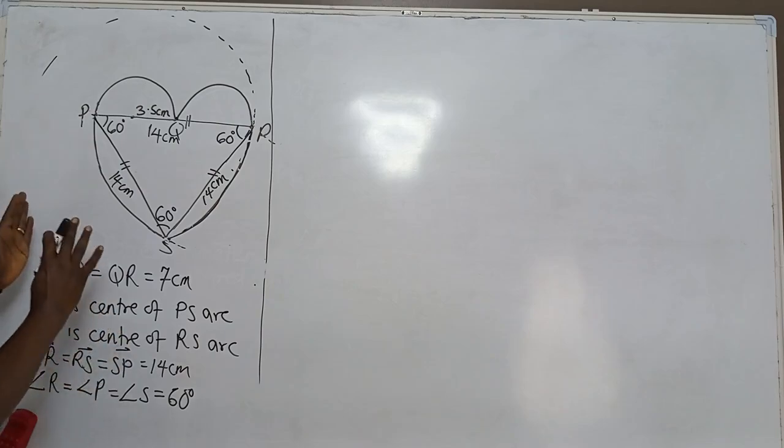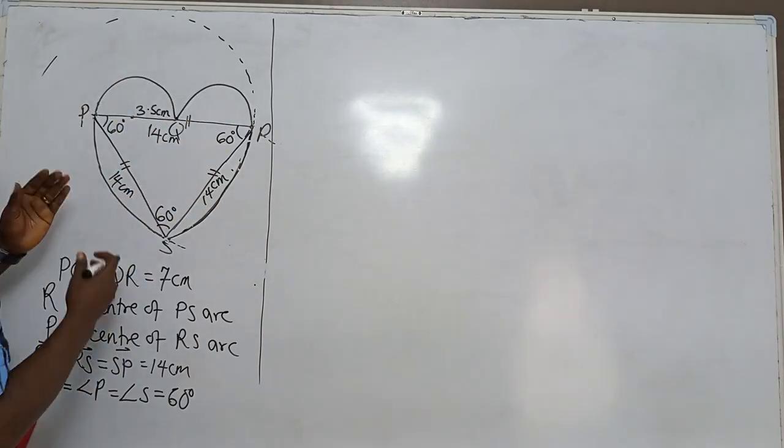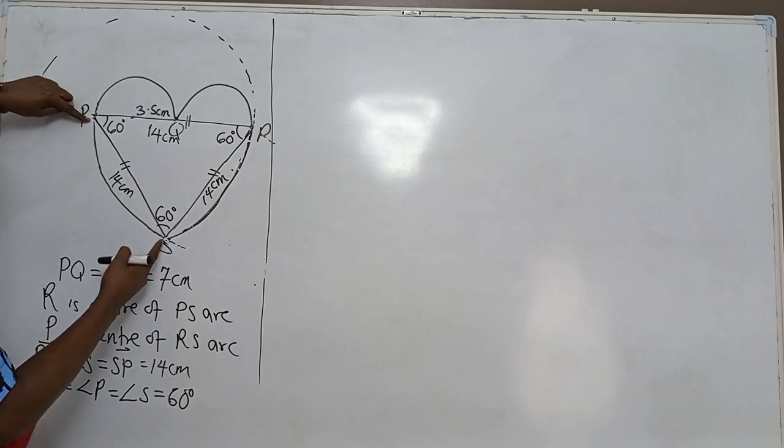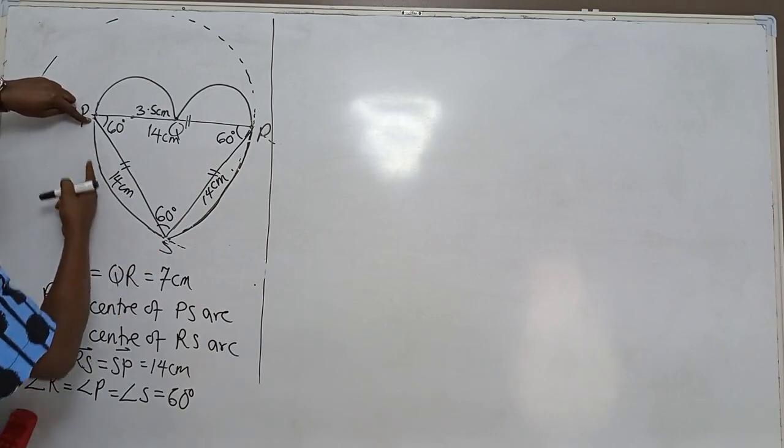First of all, for us to find the perimeter of this shape, we need to find the length of this arc.